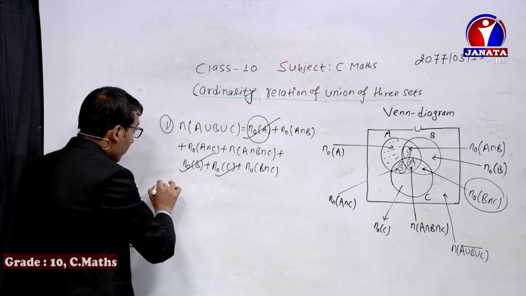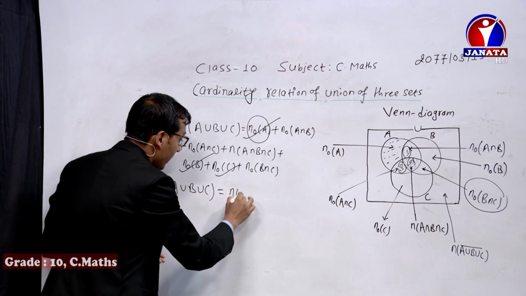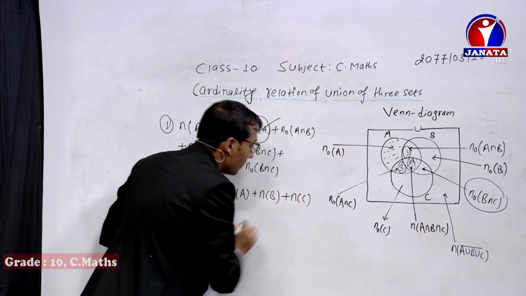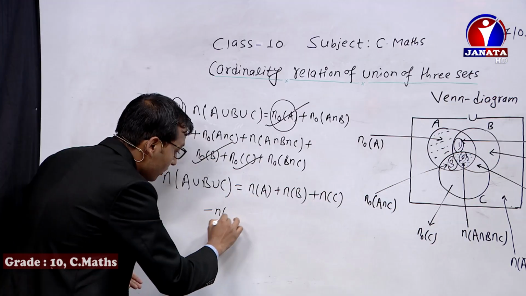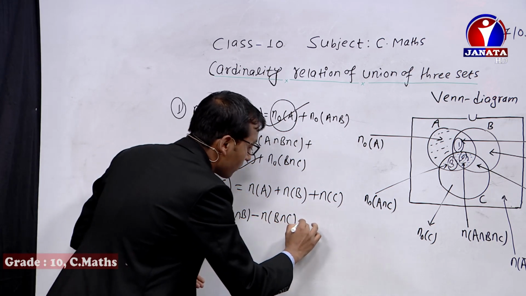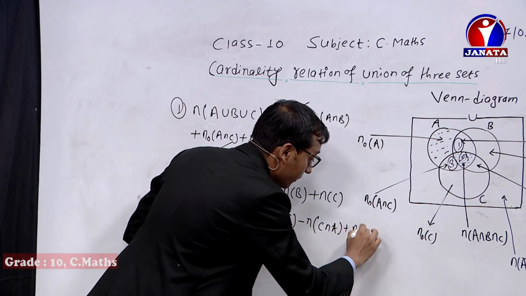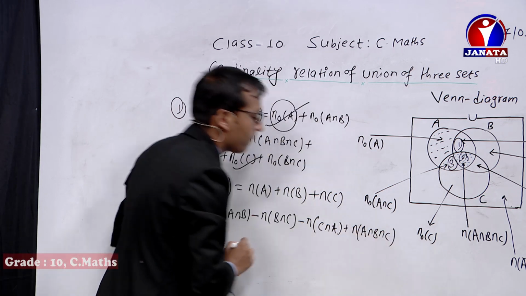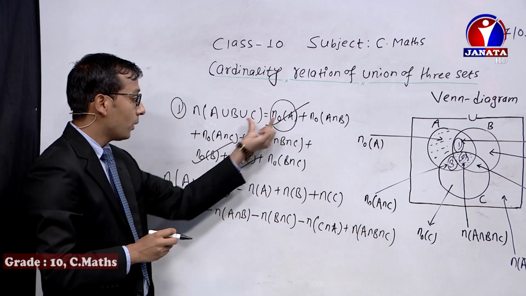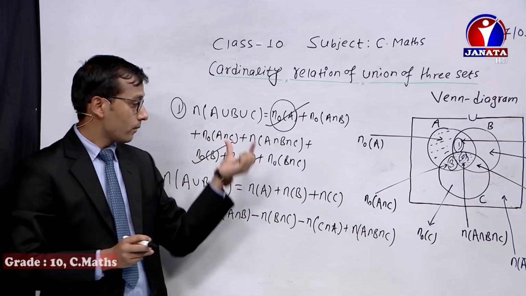Okay, so let me write a formula. N of A union B union C is N of A plus N of B plus N of C minus N of A intersection B minus N of B intersection C minus N of C intersection A plus we add N of A intersection B intersection C. So this formula can be derived with the help of the first formula.